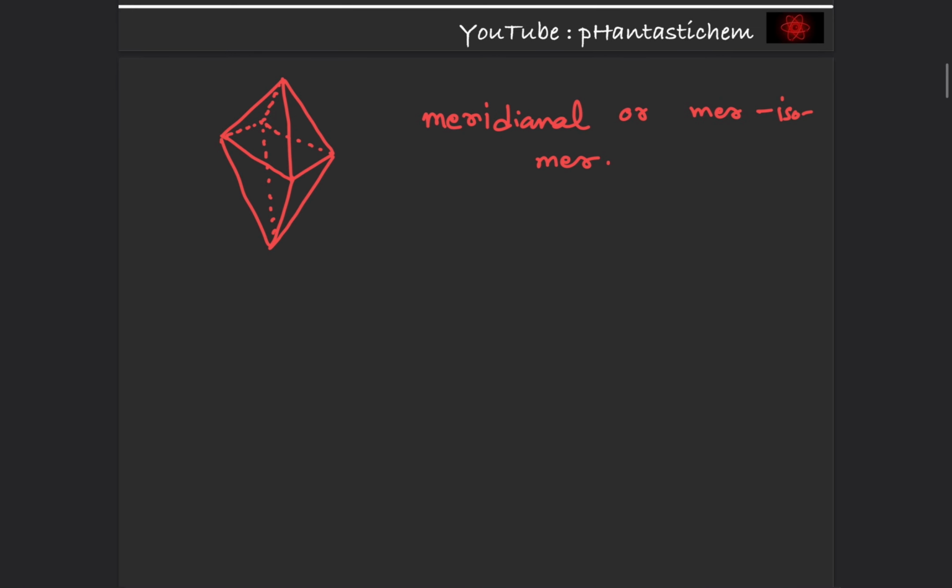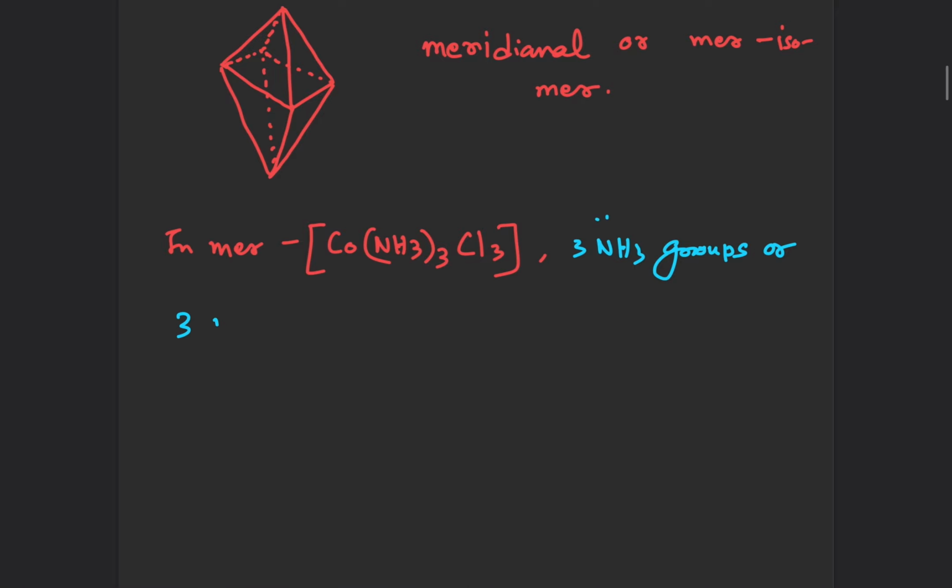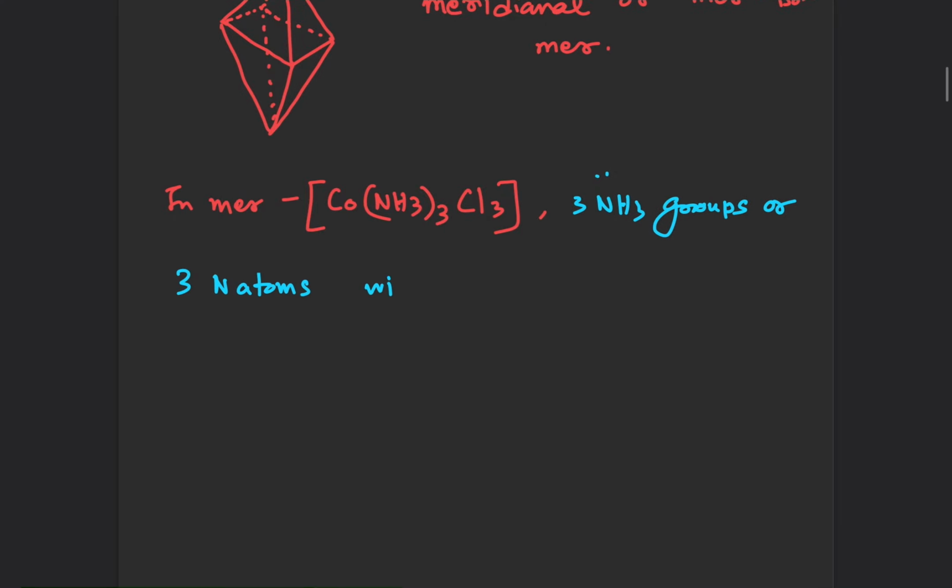So in mer-[Co(NH3)3Cl3], three NH3 groups, or three N atoms, since they are the coordinating atoms, will occupy positions around the meridian of the octahedron.